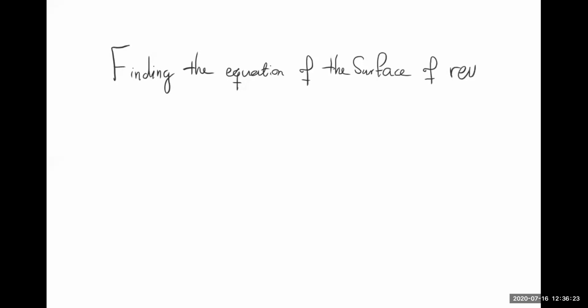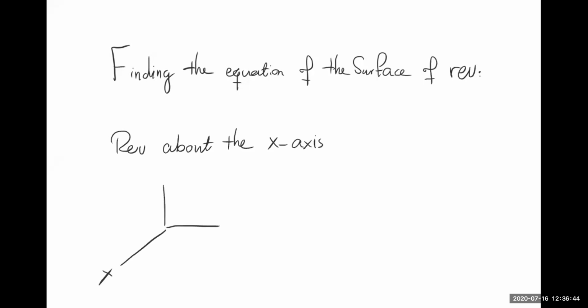The thing which matters in this case is the axis about which we revolve. So for example, let's say we are going to revolve something about the x-axis. Okay, x, y, z, x-axis. So suppose we have a function y equals some function of z, say f of z.